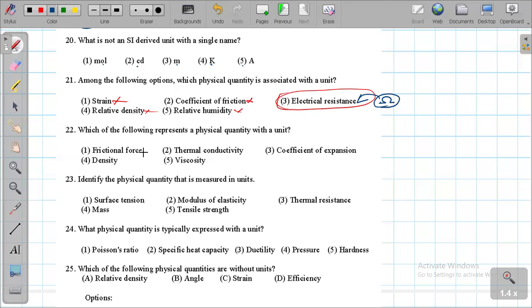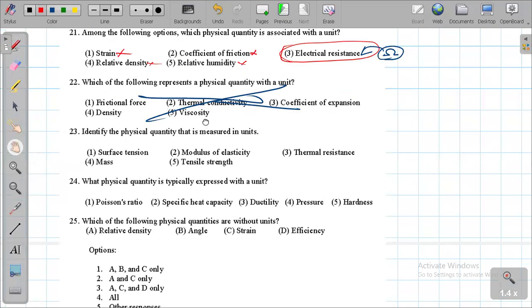Which of the following represents a physical quantity with a unit? Frictional force. Okay. Physical quantity with the unit. Here also the answers are wrong.